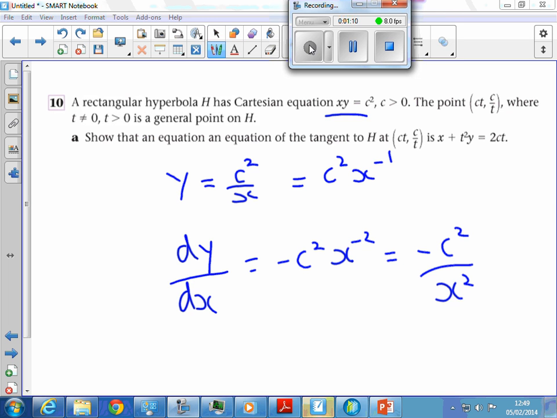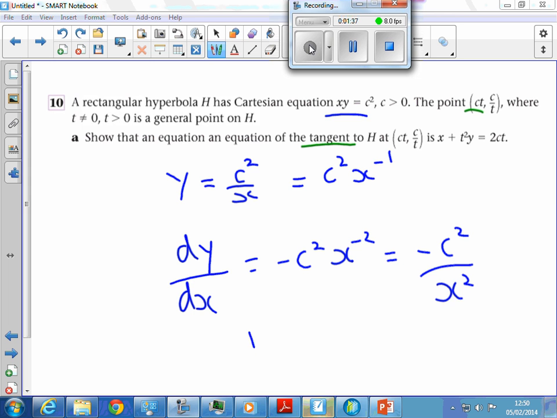And the reason why I've done that is because dy by dx gives me the gradient of the tangent. Okay, now, like in C1, at the point ct, so that's your x coordinate. So now, if I substitute x is equal to ct into dy by dx, I get the gradient.